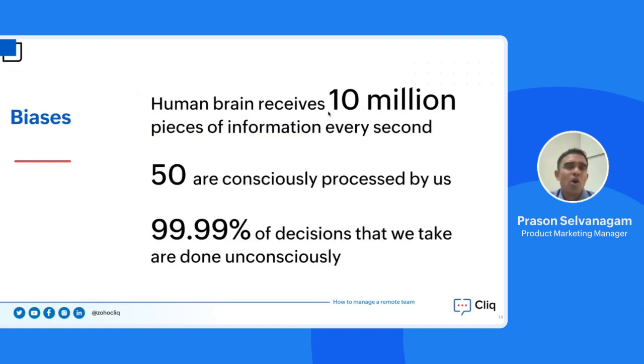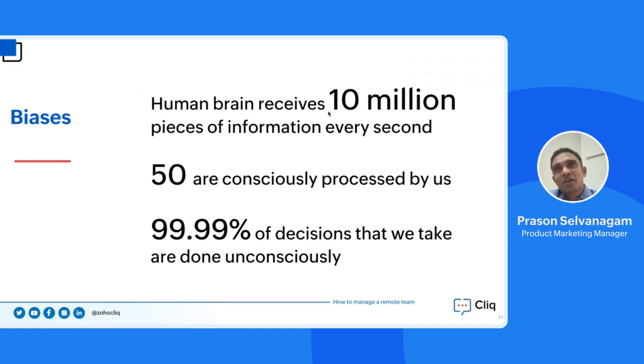The second point that I want to stress on is an important factor I've just stated here. In 1 second, our human brain receives 10 million pieces of information. And as you are listening to this webinar, every second you're listening, you are getting at least 10 million pieces of information, and only 50 of those pieces of information are consciously processed by us.